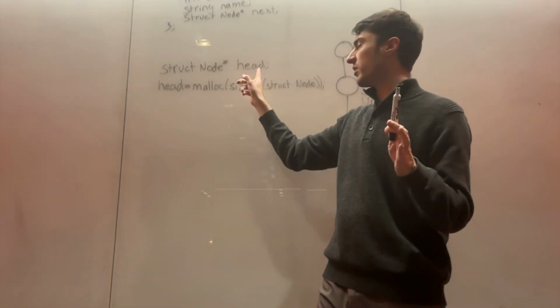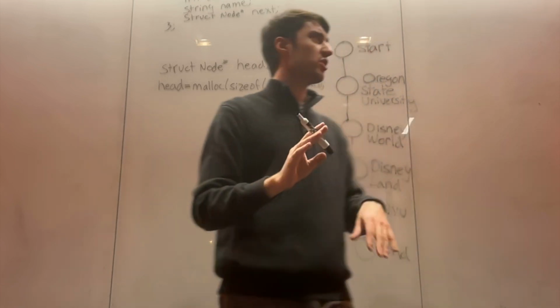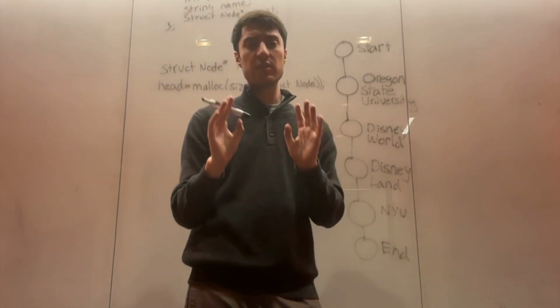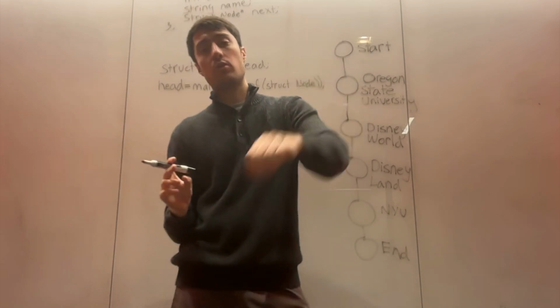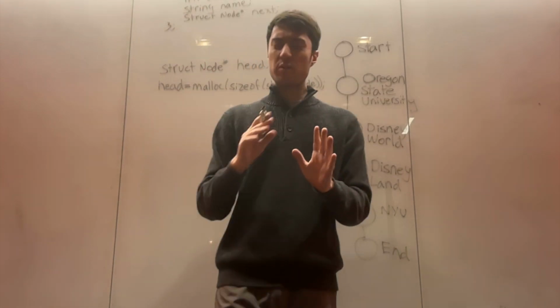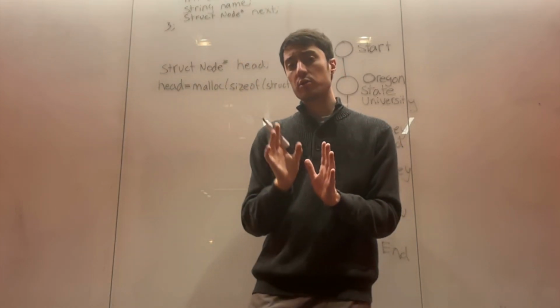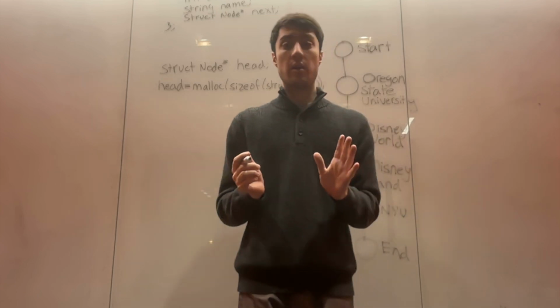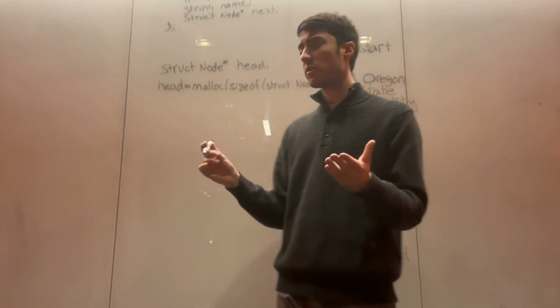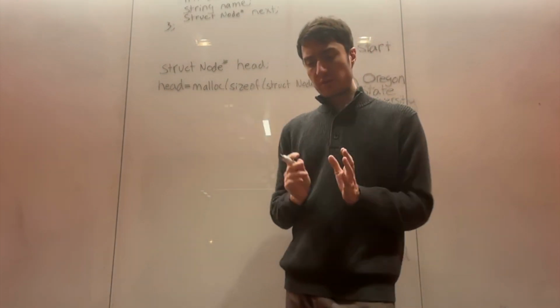So we declared this variable head. And the reason why I called it head is because all head is going to do is always point you to the start. That's it. That's all head is going to do. And the reason why we need this is we need a variable by which we are able to access the beginning of our linked list. So we need a pointer variable.